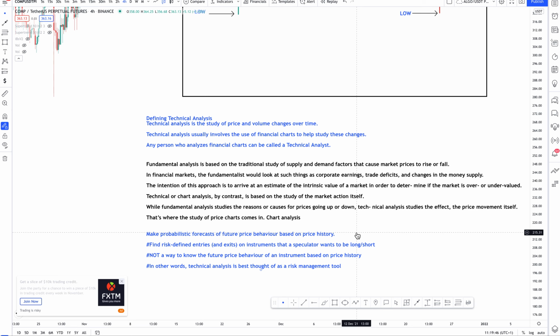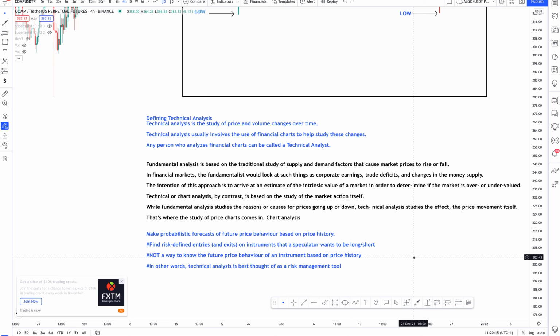Okay, so for me, the way I define technical analysis is understanding human psychology on charts, right? The charts help you to understand human psychology and how price moves based on people, based on how people react to things. So in other words, technical analysis is best thought of as a risk management tool.